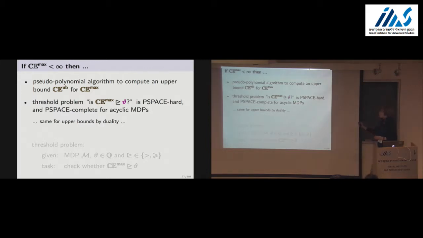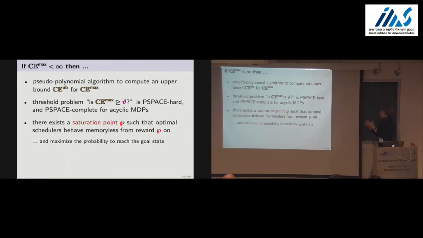And we could prove that the threshold problem, which asks whether the maximal conditional expectation is beyond some threshold theta, where this one here could be strictly larger or larger-or-equal, one of these symbols, and theta is some rational number which is part of the input, is PSPACE-hard, and PSPACE-complete in the case that the given MDP is acyclic.